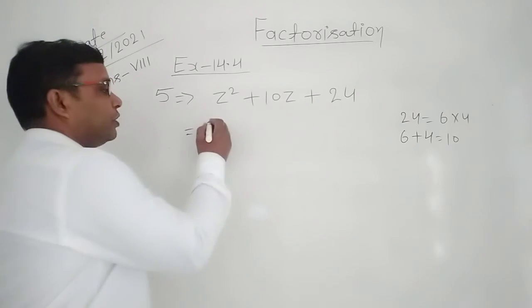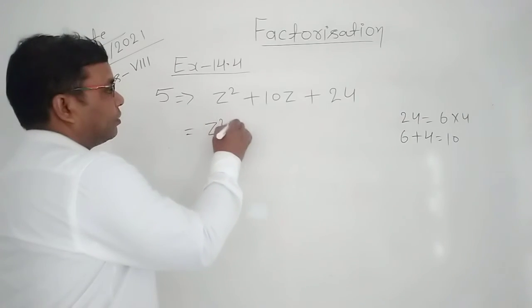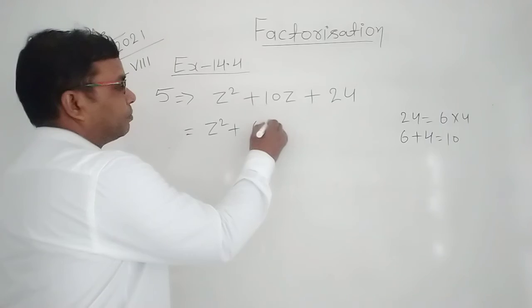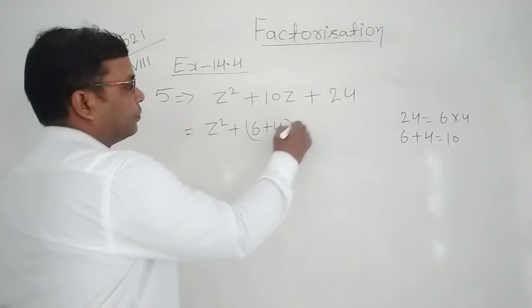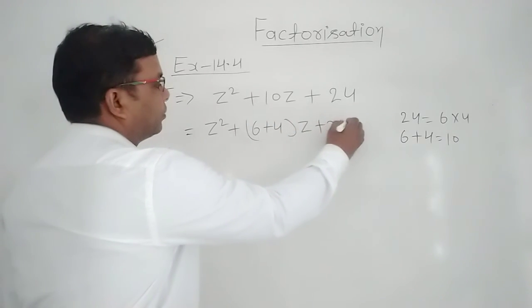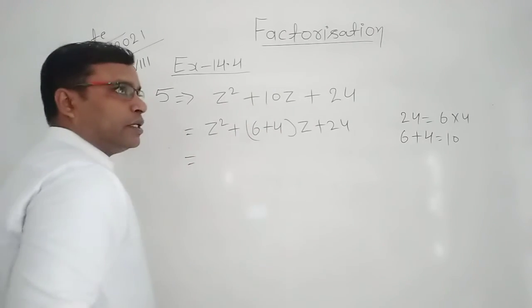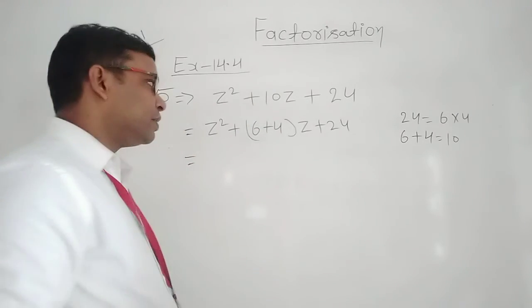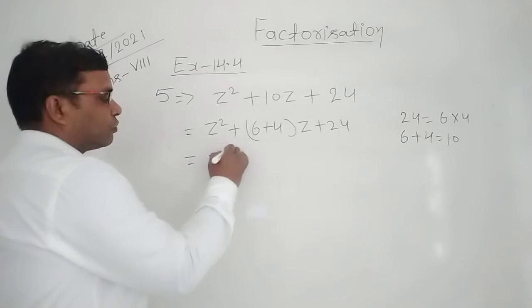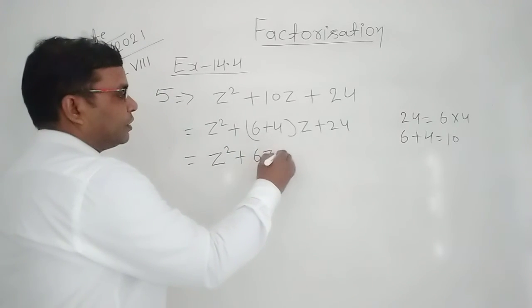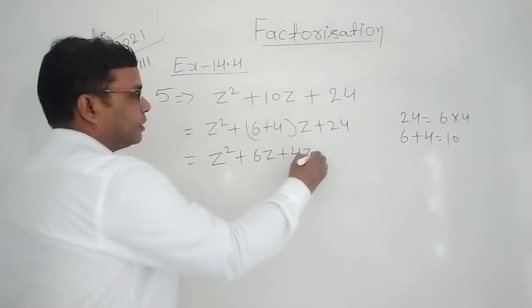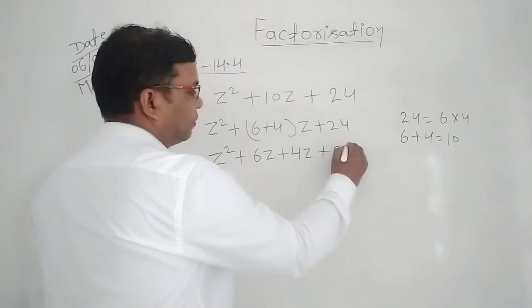Clear? So here you can write z square plus (6 plus 4) into z plus 24. Clear? Now when you apply the distributive law of multiplication over addition, then you get z square plus 6z plus 4z plus 24.